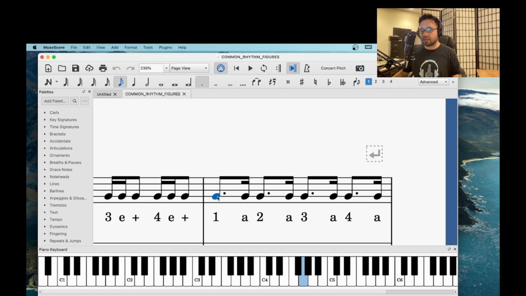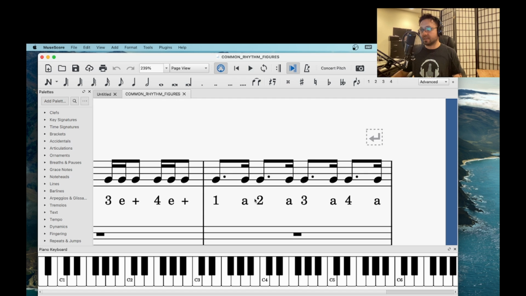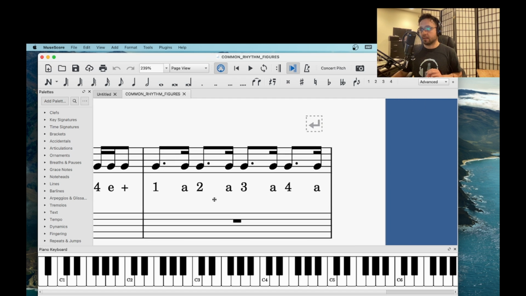So this is taking 75% of the beat, and this is taking 25% of the beat. And because we have 4 beats, we have the same figure 4 times. How does this sound? This sounds like this. 1, 2, 3, 4. Ta, ta, ta, ta. With numbers 1, 2, 3, 4.